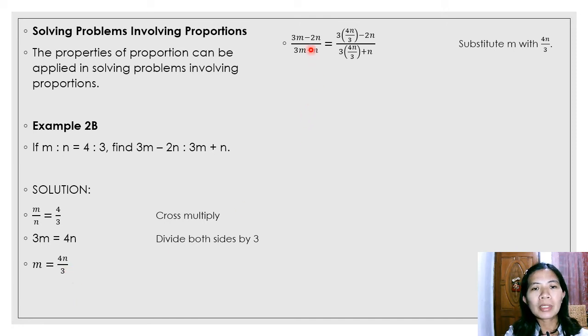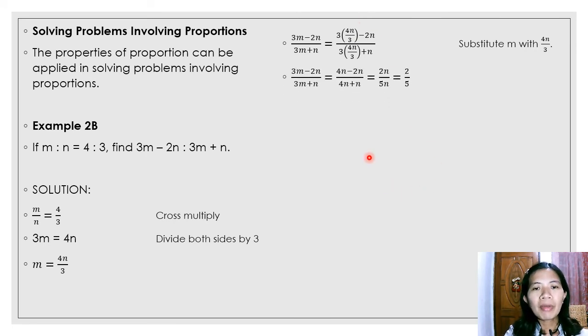So we substitute it here: 3 times 4n over 3, minus 2n, all over 3 times 4n over 3, plus n.